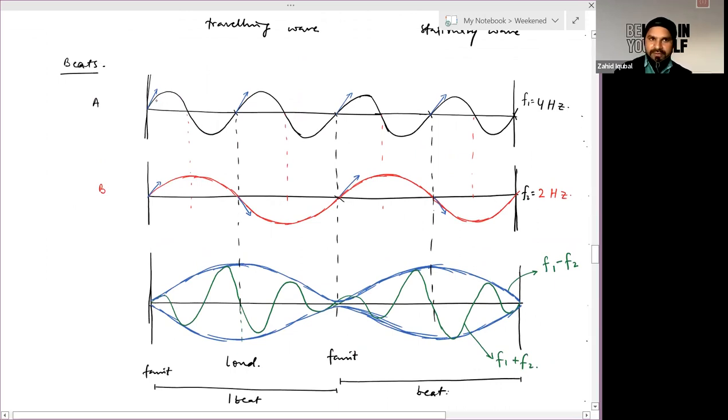In this part, first wave and second wave, both are starting from same point.